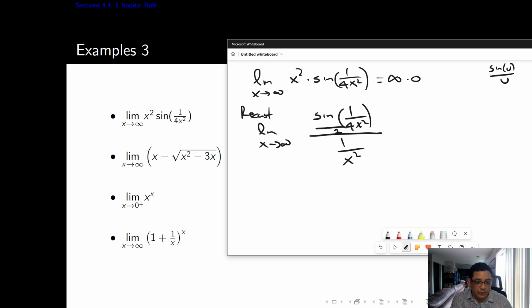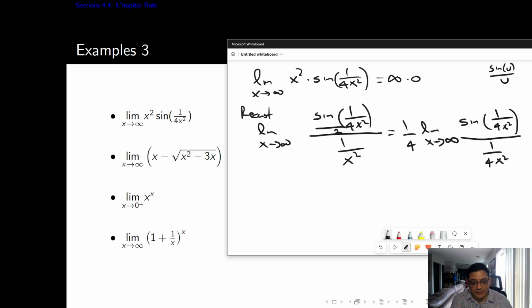I just need to introduce 1 over 4 here, and it will be the same. So I can see this as 1 over 4 on the top, times the limit when x goes to infinity of sine of 1 over 4x squared over 1 over 4x squared as well.